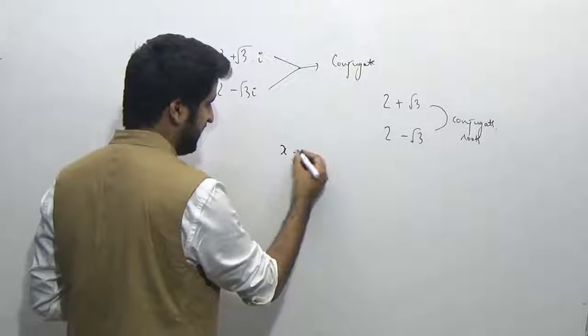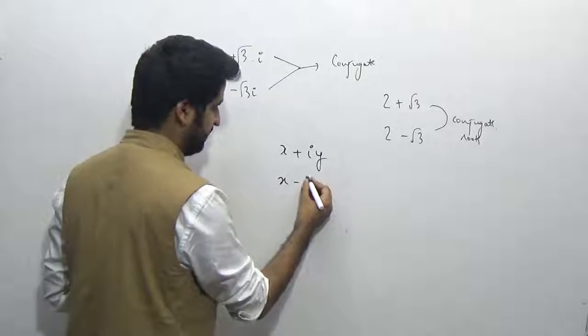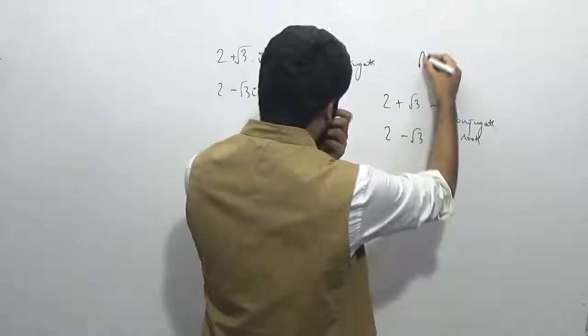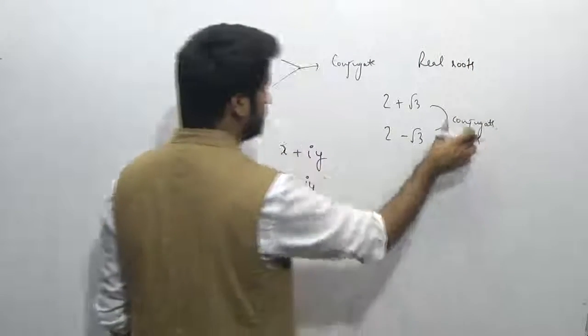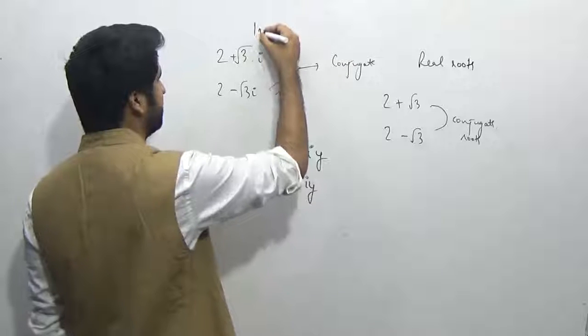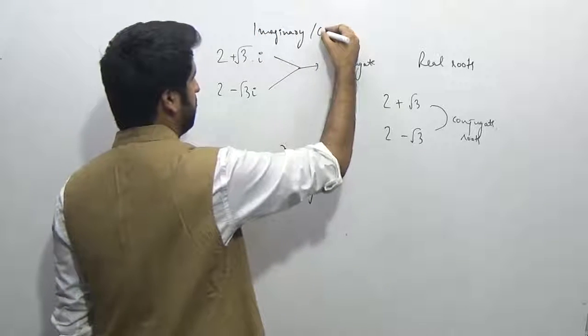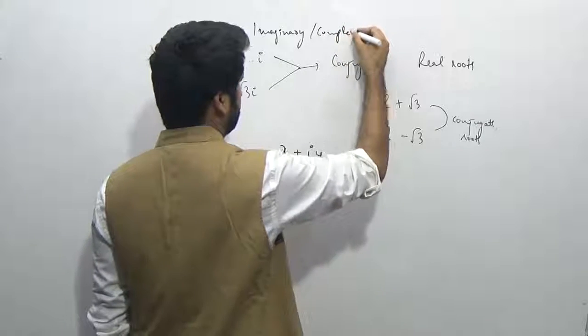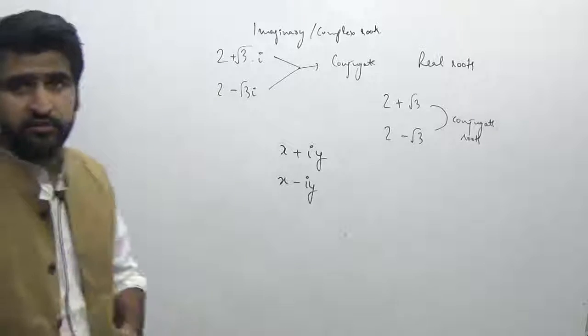If I have x plus iota y, its conjugate will be equal to x minus iota y. This is the meaning of conjugate roots in the case of real roots, and this is the meaning in the case of imaginary or complex roots. This is a very important concept which we need to know.